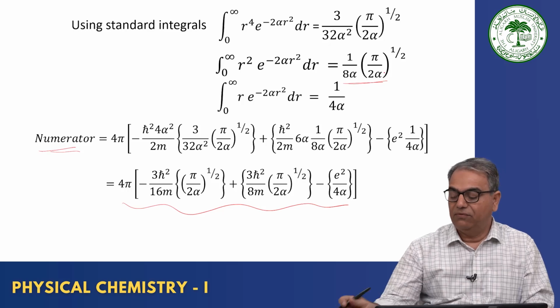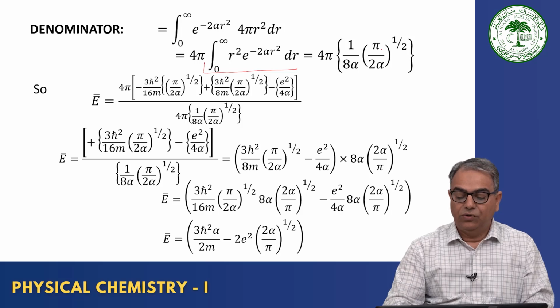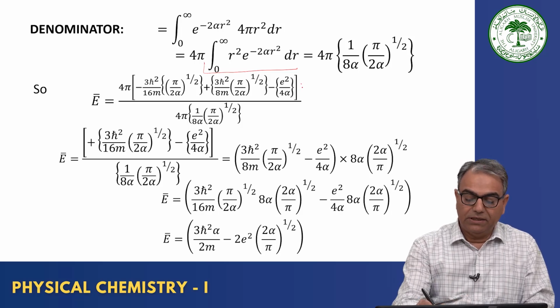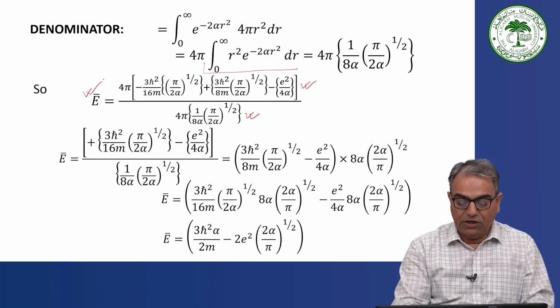So this is multiplied by 4 pi, the only thing is 4 pi multiplied by the value of the integral. Okay. So you have the numerator calculated, you have the denominator calculated, and you can find the energy value. So the energy value comes out to be 3 h cross square alpha divided by 2m, minus 2 e square, times 2 alpha divided by pi, raised to the power 1 by 2.